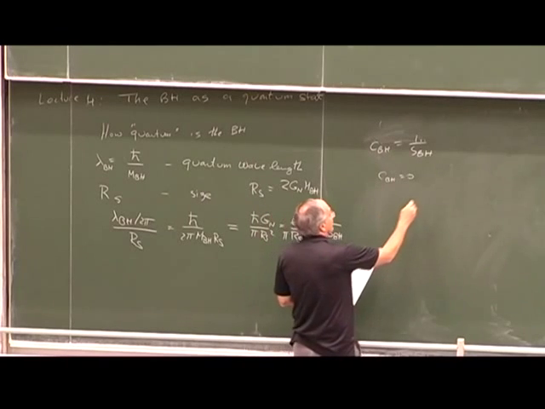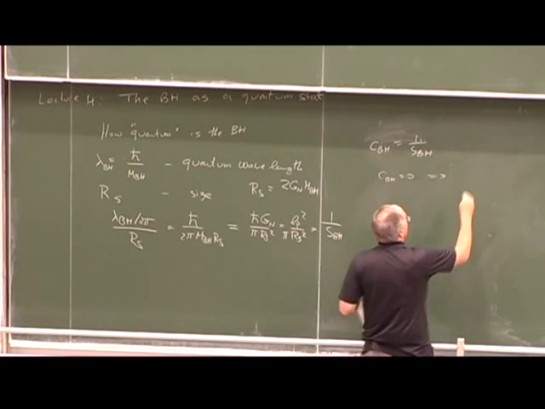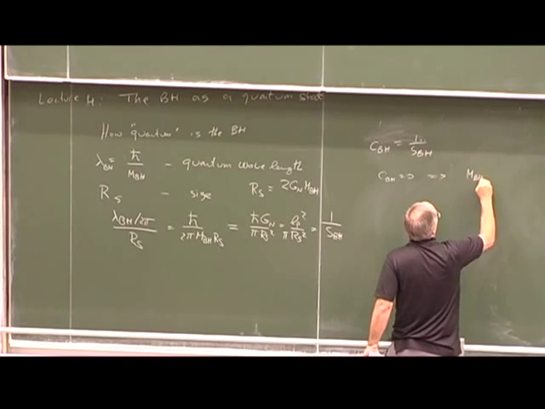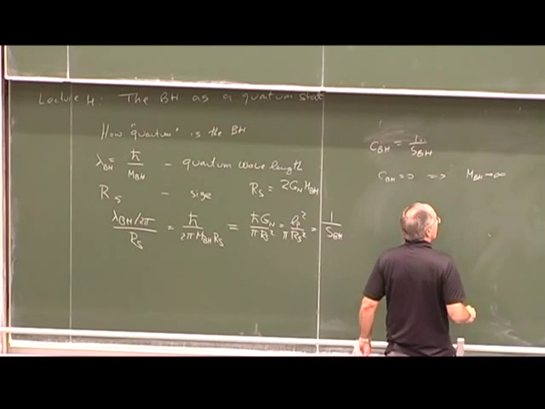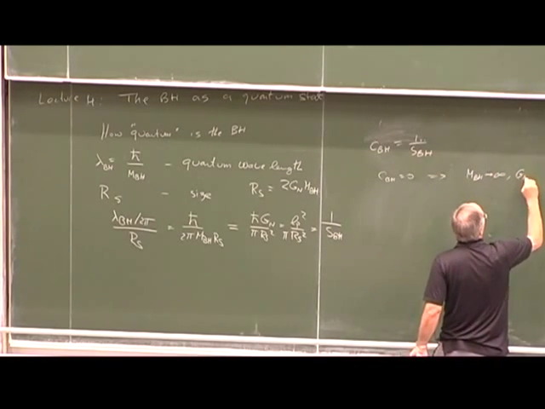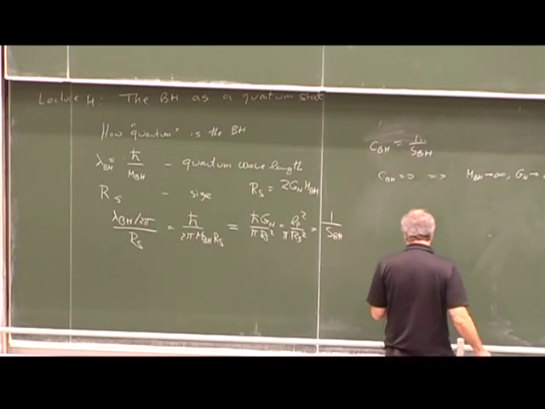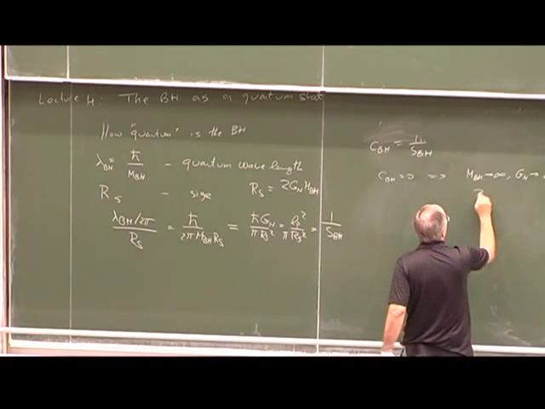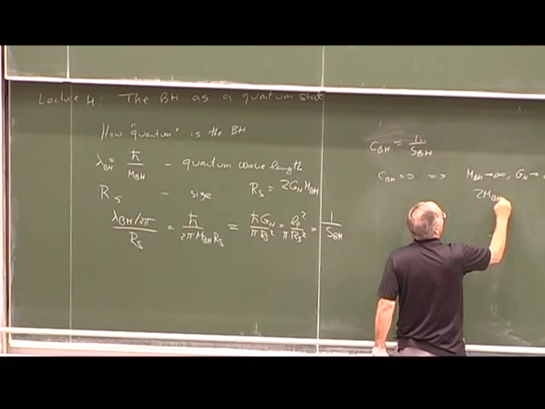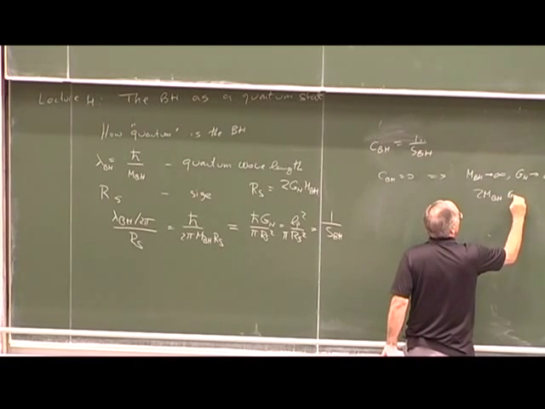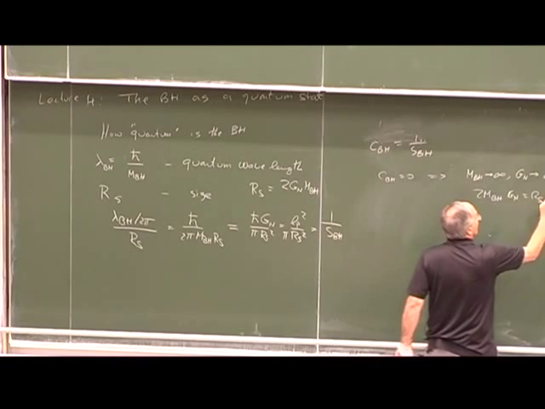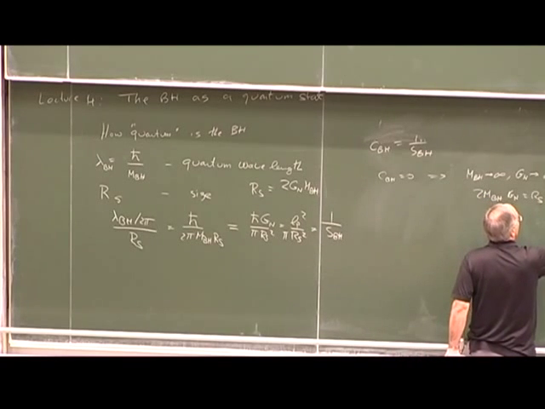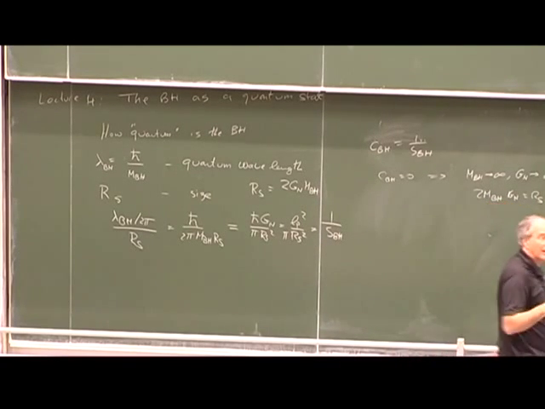This means that we have taken the mass of the black hole to infinity and G Newton to 0, such that 2 m black hole times G Newton, which is Rs, is finite. So this is exactly the limit that was discussed at the end of the talk yesterday.